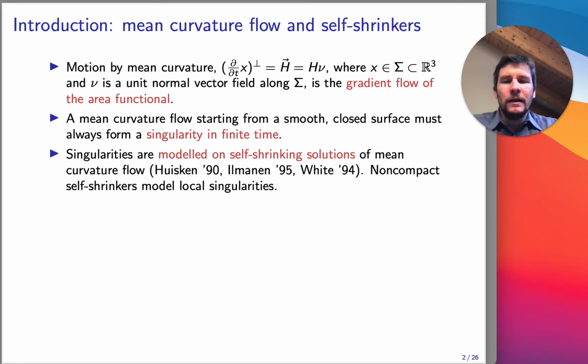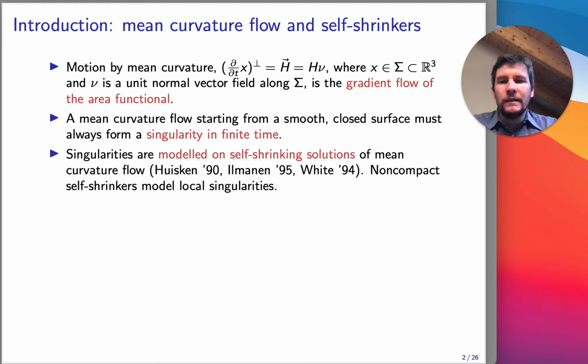And then this was generalized by Ilmanen and White, who proved that actually if you're in dimension 2 and you encounter any singularity, then you can always rescale, take these blow-up limits, and see a self-similar solution, just that the convergence might be extremely bad. So it's only in the sense of varifold convergence.